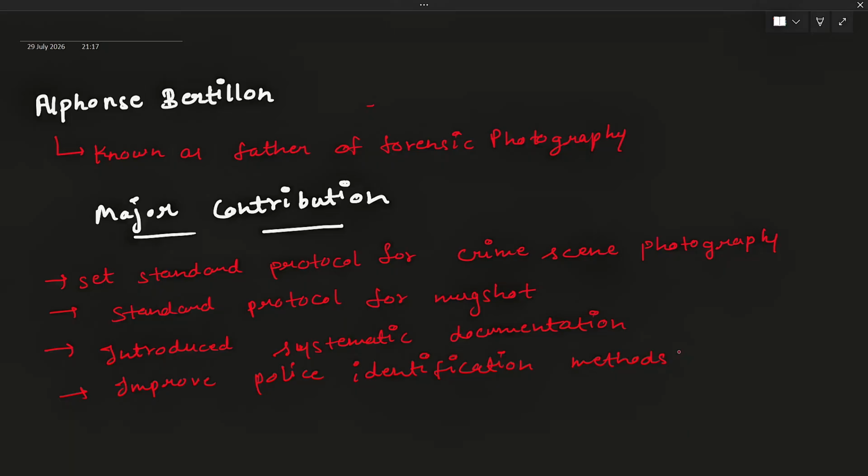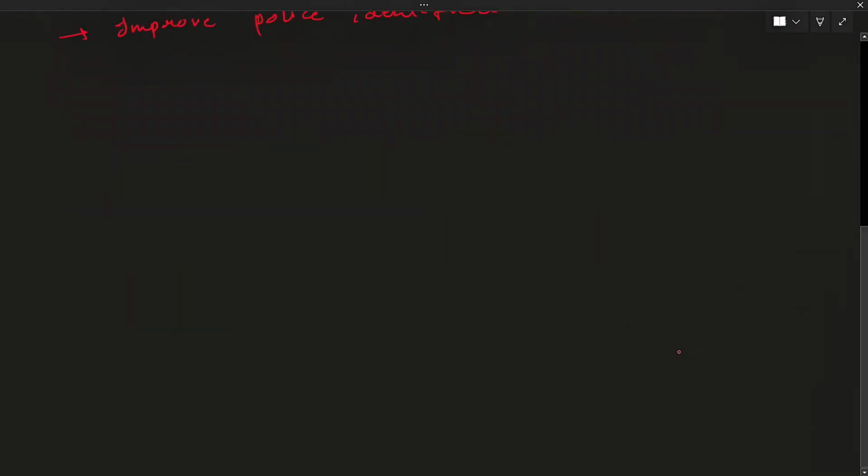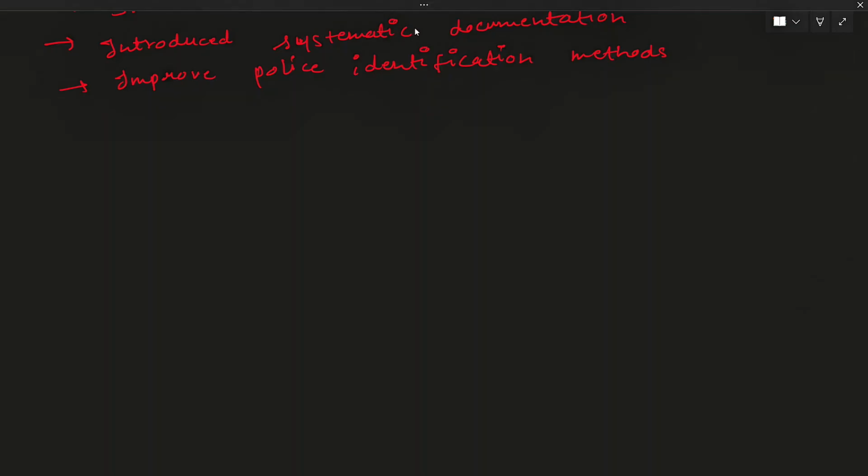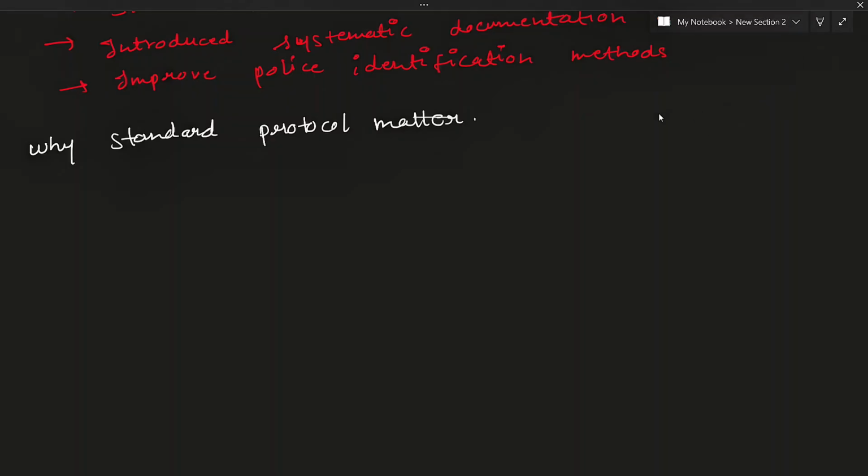So why do standard protocols matter? Without standard protocol, there are different camera angles, different distances, inconsistent records, and difficult comparison.